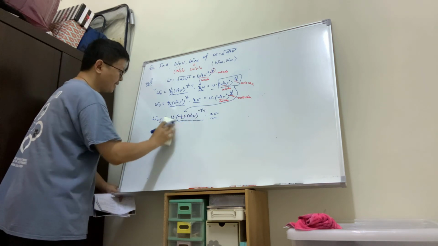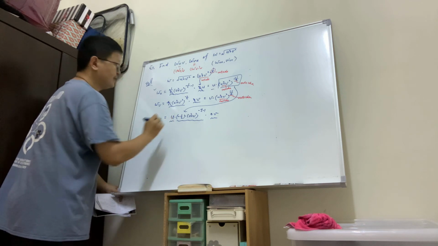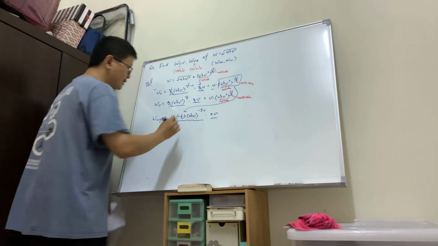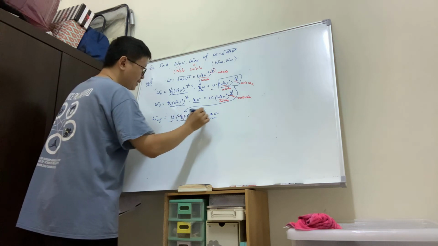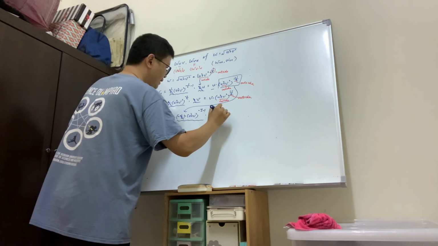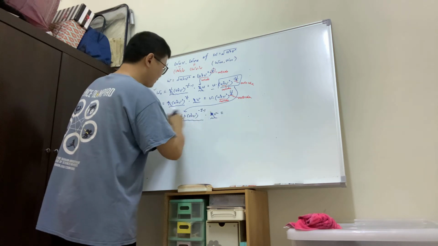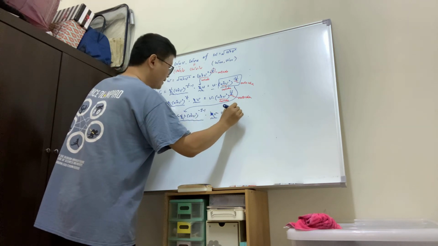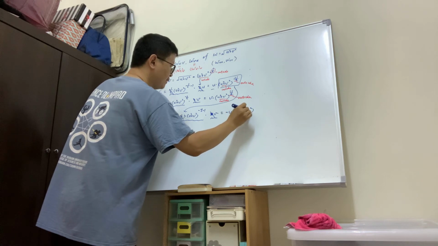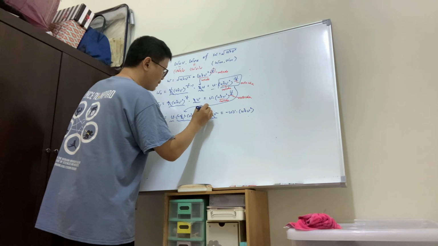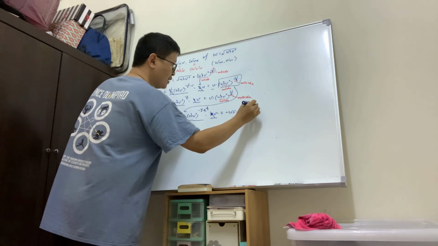And still we could cancel it. So finally it's equal to negative uv times u squared plus v squared to the power of negative 1 half subtract 1. 1 is 2 over 2, so it becomes negative 3 halves.